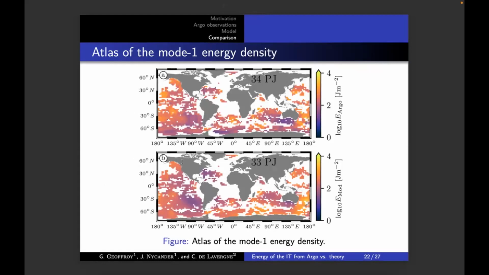The top panel here is the depth integrated energy from Argo, and the bottom one is the result from the model that I coarsened to the same resolution as Argo for comparison purposes. From there, you can see the global integral of the energy. From Argo, it's 34 petajoules and 33 for the model, which indicates a good agreement in a global integral.